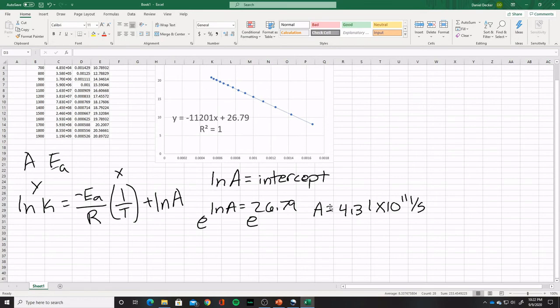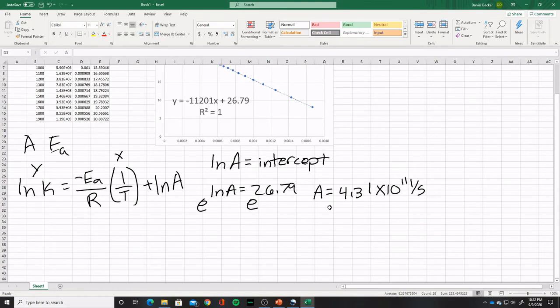So then the second thing we are looking for is the energy of activation, and that is equal to the slope. Well, actually, let me rephrase that. The slope is equal to the negative energy of activation divided by r. So it is related to the slope, but it is not equal to the slope.